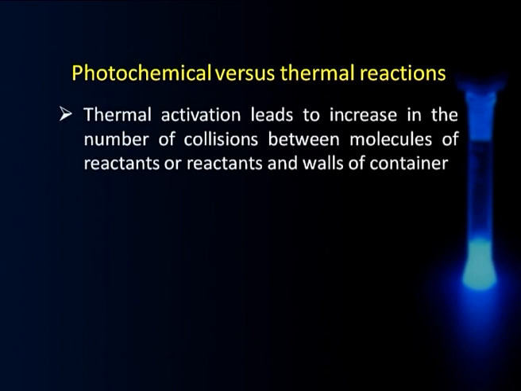Okay. Now, continuing on this, let us see what happens when a thermal activation takes place. That means you have reactants there, you give some heat to that. As a consequence, the number of collisions between the molecules of the reactant, or between the reactant and the walls of the container, will increase. All of us know that fairly well. That is a typical consequence of a thermal or heat input into the system.